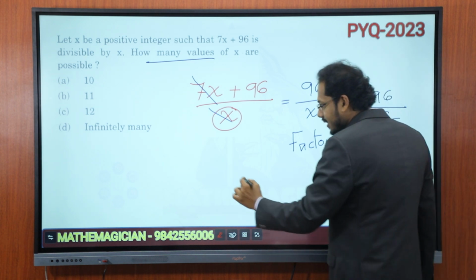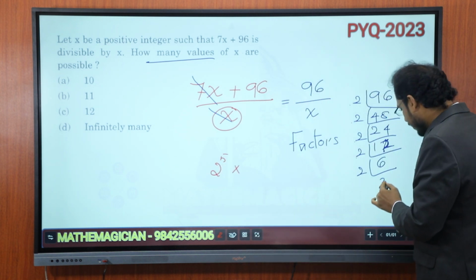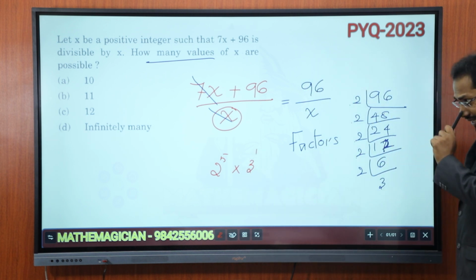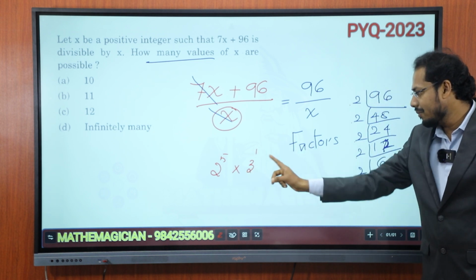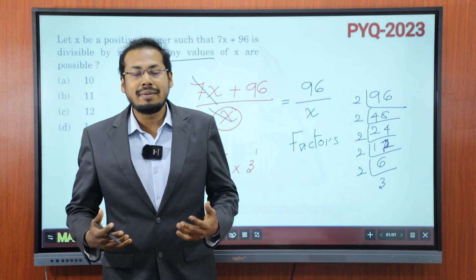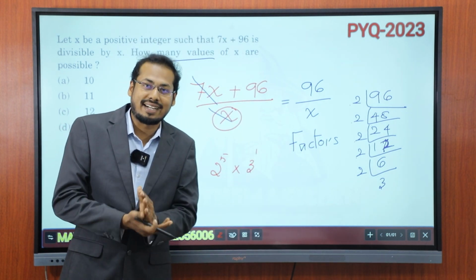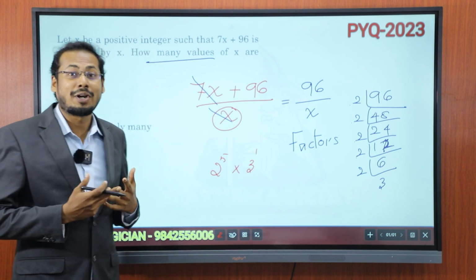So we can write 2 power 5 into 3 power 1. Generally using the prime factors we can write like this, 2 is 5 times and 3 is only 1. But if you want to find LCM and HCF you can use as it is, but here we are going to find the factors. So many students asking me that, sir, how to find the number of factors.